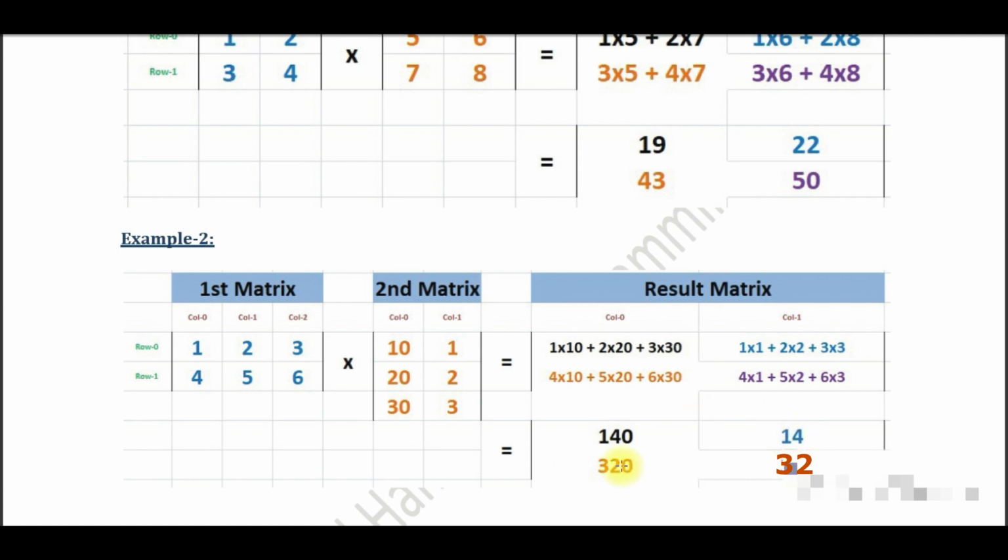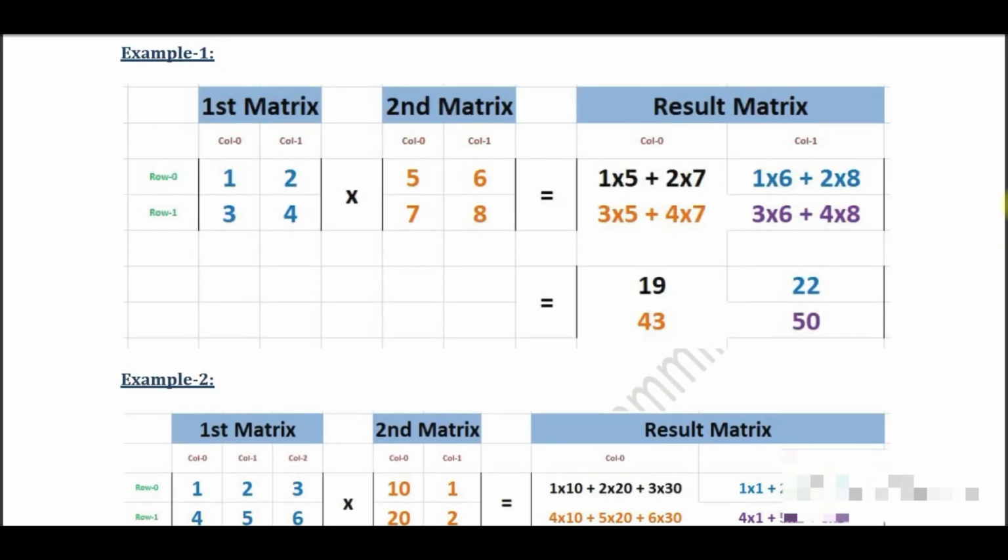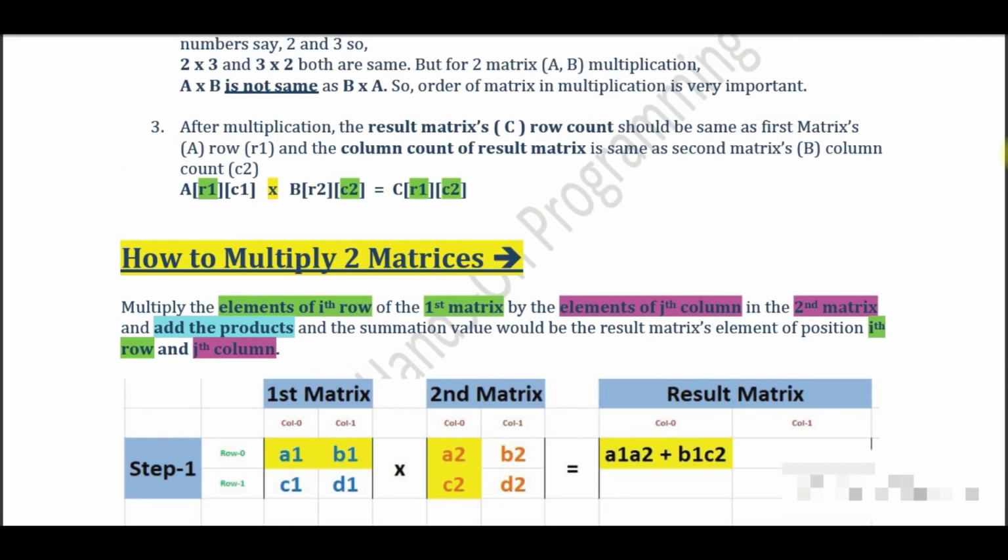So this is my result matrix for these two matrix multiplications, where you can see our result matrix row count is the same as the row count of the first matrix, and the result matrix column count is the same as the second matrix column count. That is what we just learned here. The row count of the result matrix is nothing but the first matrix row count, and the column count of the result matrix is nothing but the second matrix column count.